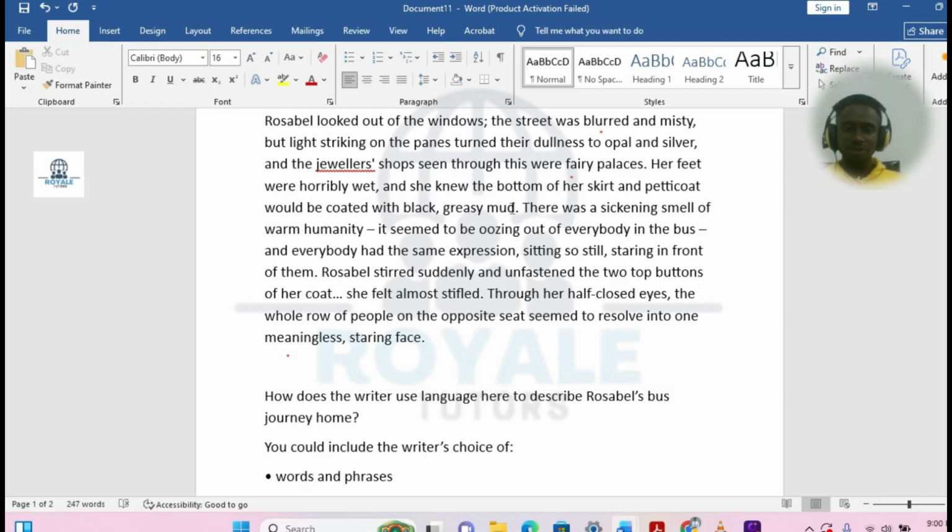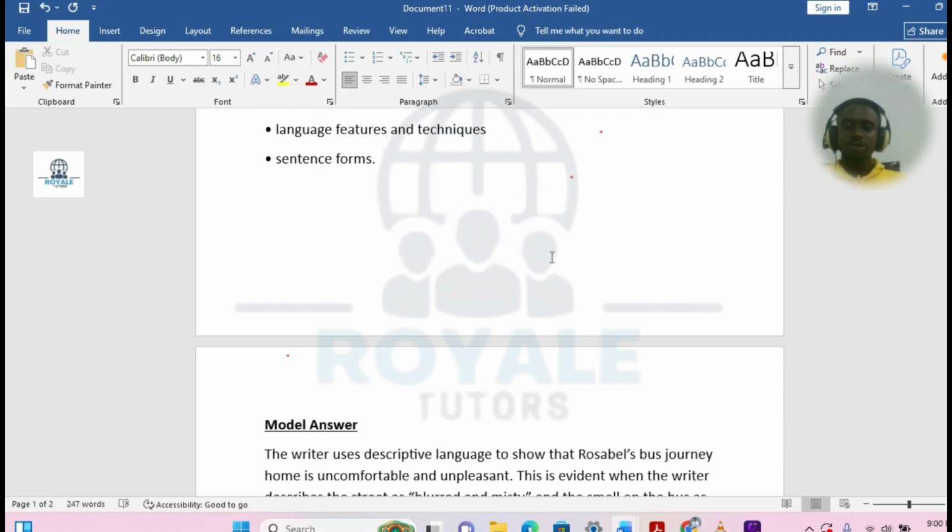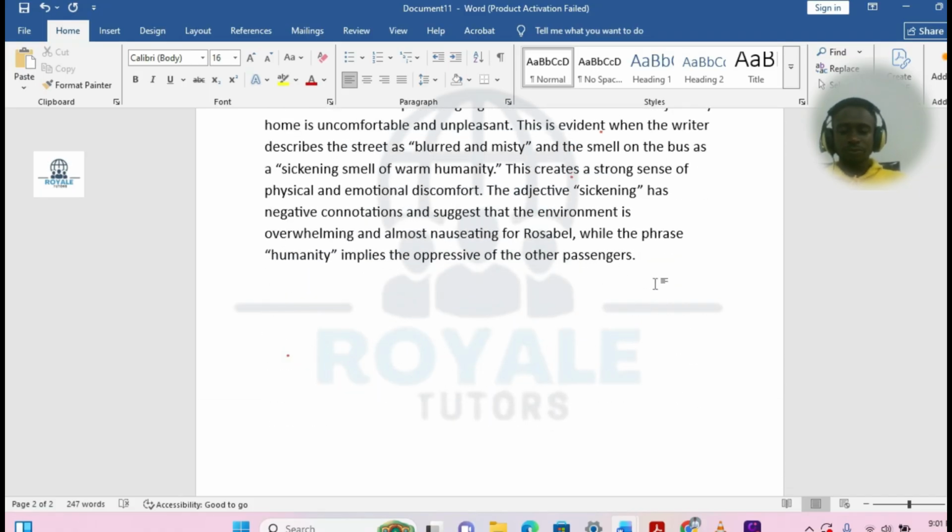We've talked about a sickening smell of warm humanity, and that was quite good. So let us start a new point within this paragraph. We need a transition word, and we can say in addition.